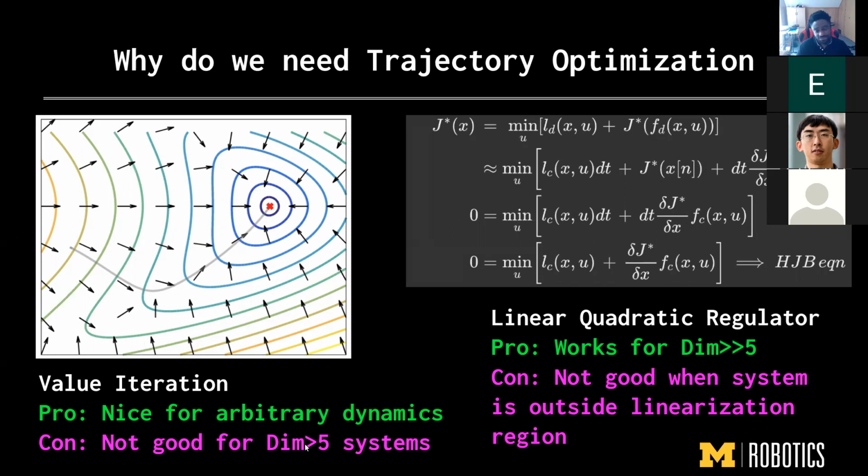That was a real bummer, because most of our systems are usually high dimensional. For instance, if you want optimal controls for a humanoid robot like the Atlas robot, which has 36 dimensions, you can't discretize every single dimension and use value iteration, because that's going to be infeasible and not possible.